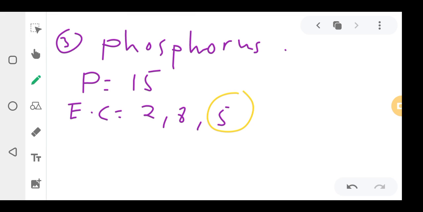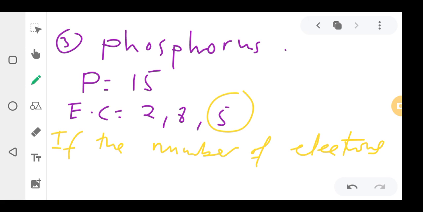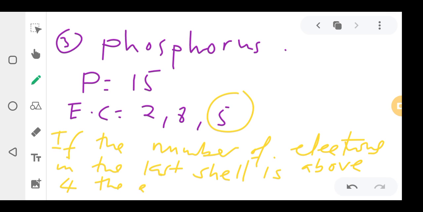So if the number of electrons in the last shell is above 4, the element is a non-metal.